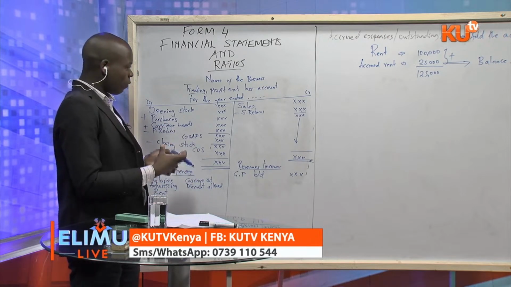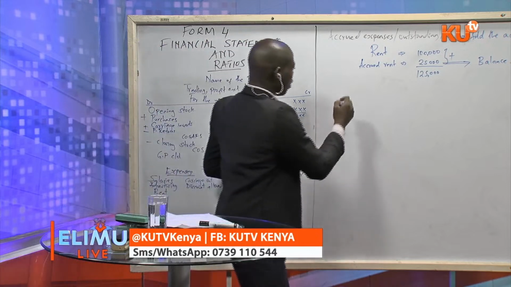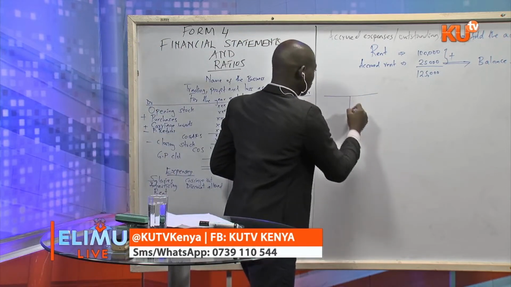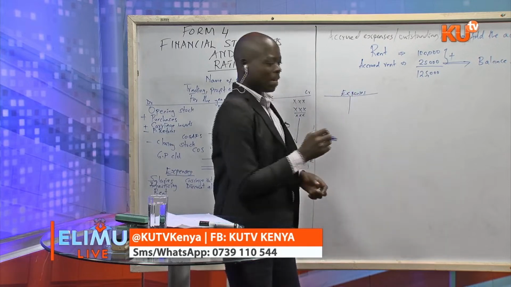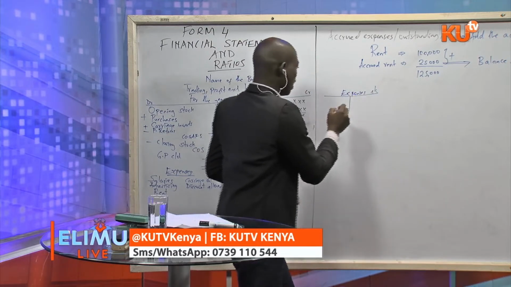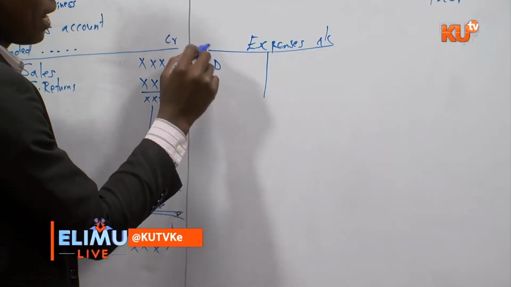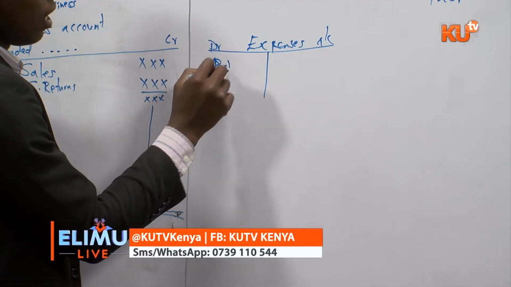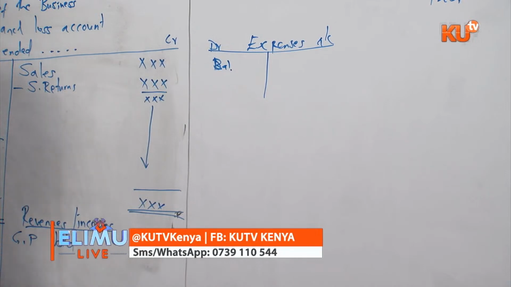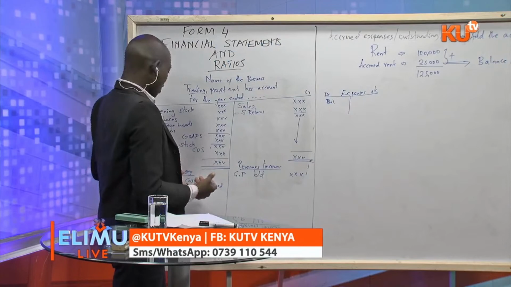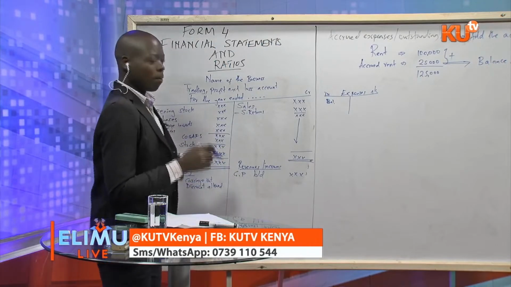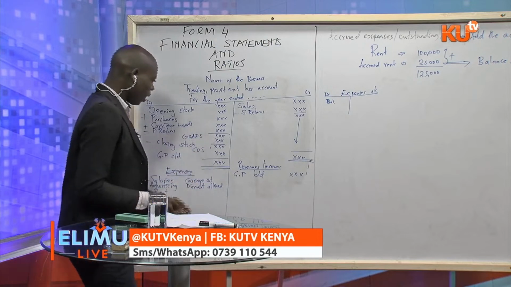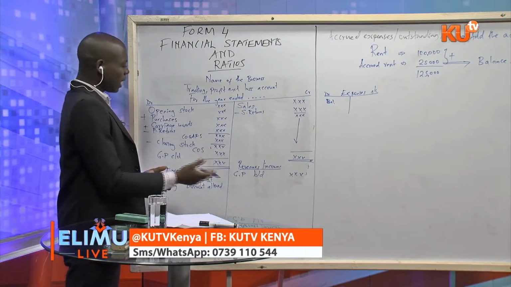From your understanding of ledgers, expense accounts all have debit balances, on the debit side. Revenues have credit balances. Therefore, all expenses will be captured on the debit side of the trading profit and loss account, and incomes will be captured on the credit side.